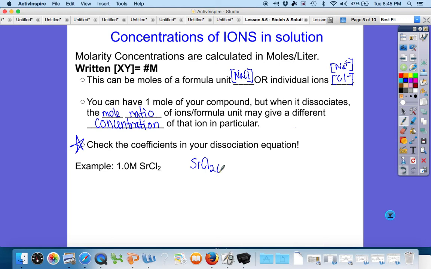So for strontium chloride, when we put that into water, we're going to separate it out into strontium ions. Strontium 2 plus aqueous, and we have 2 chlorine ions that are also going to be aqueous.